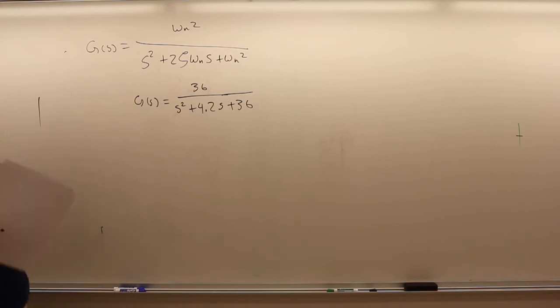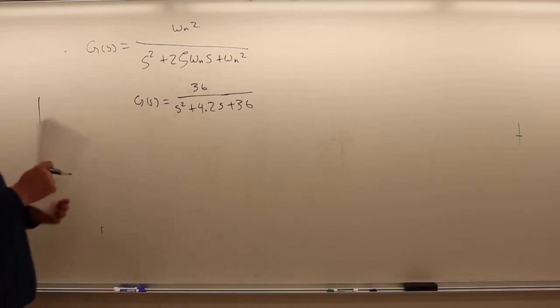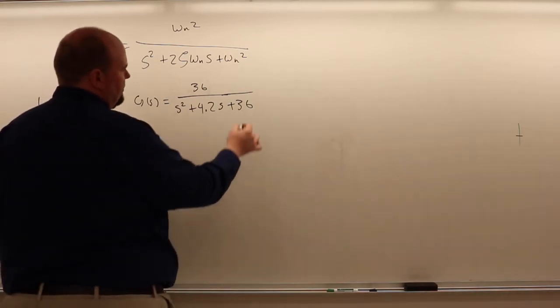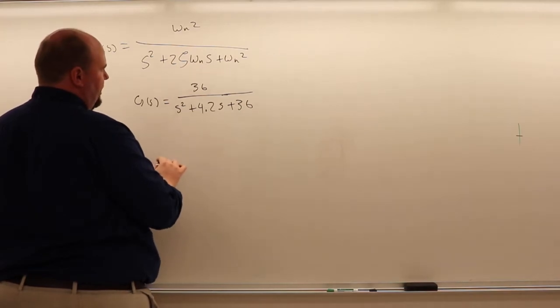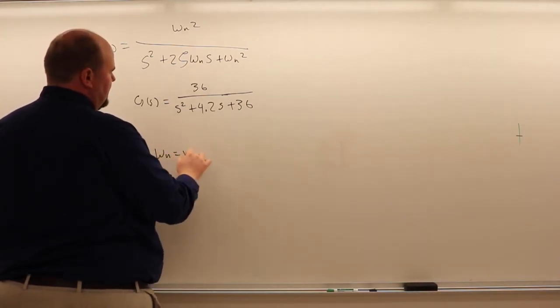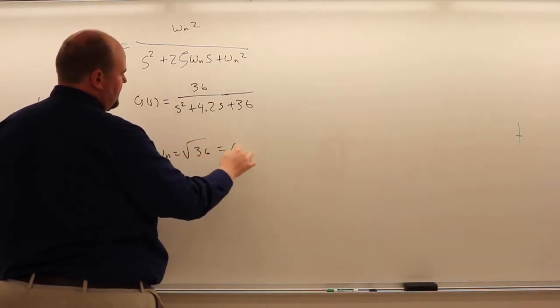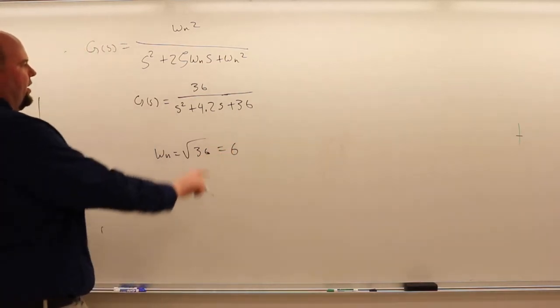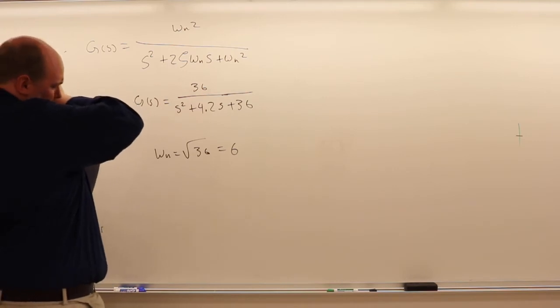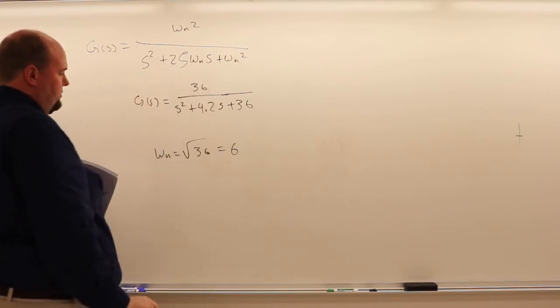All right, welcome back. So the first thing we're going to do is find the natural frequency here. This term is the natural frequency squared. So the natural frequency is going to be the square root of 36, which is 6. Next thing we know is that 4.2 is going to be 2 zeta omega n.